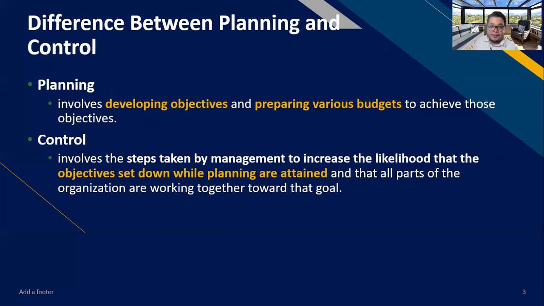Control, on the other hand, is what happens after planning. During planning, you set the objectives, but during the control activity, what you want to do is to compare actual performance versus the budget. And why do you want to do that? You want to do that because you want to make sure that you are able to track whether the organization is attaining the objectives that it set out in its plans.